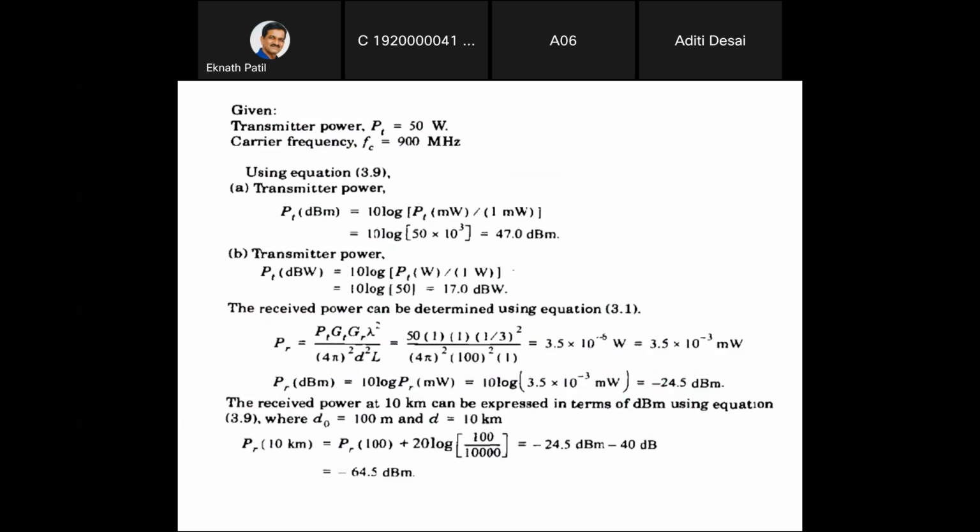Second thing, dBm, that is dB milliwatt, can be calculated by adding 30, so you have to add dBm only. The equation is basically PT, GT, GR into lambda square divided by 4 pi square d square into L, where we have taken the loss factor as 1. Okay.